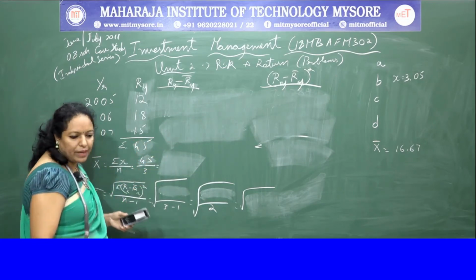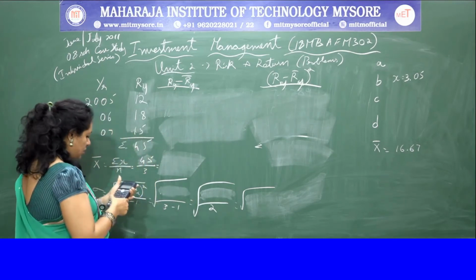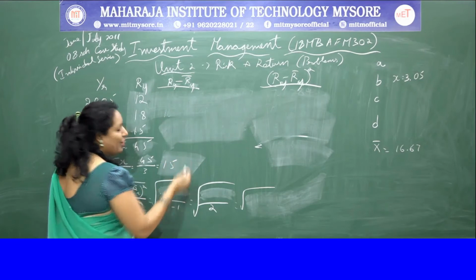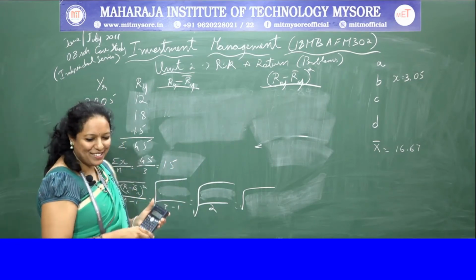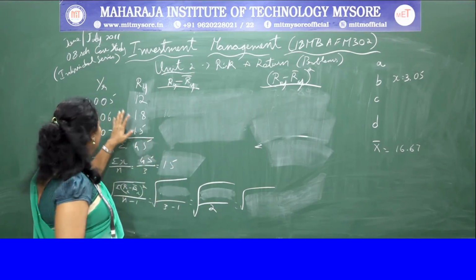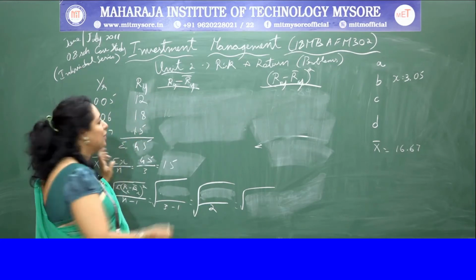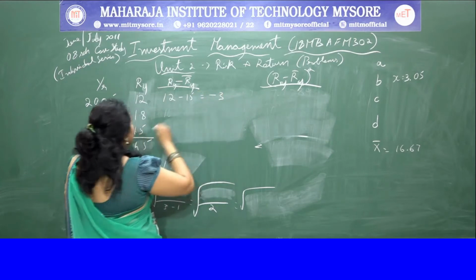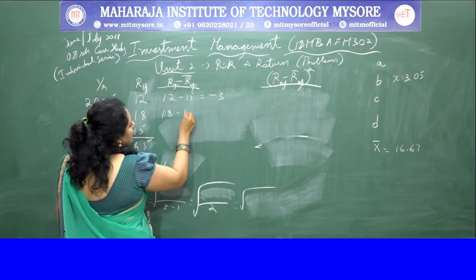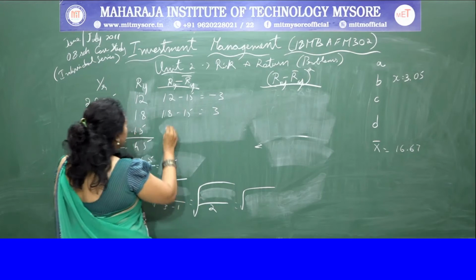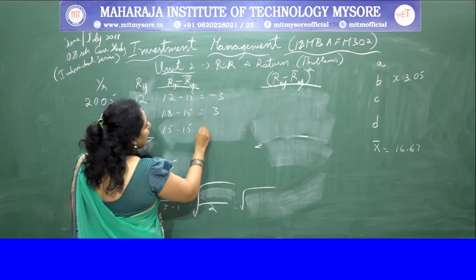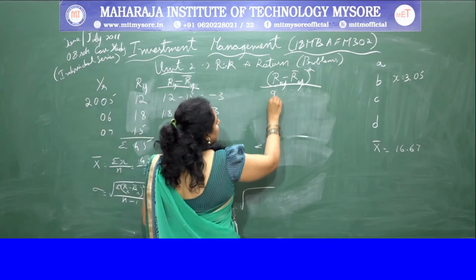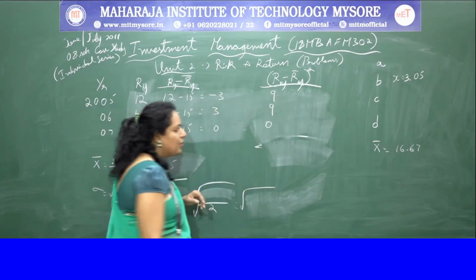So 45 by 3, you get, sorry, 15. So you get 15, and here x minus x bar we are going to do. 12 minus 15 is minus 3, 18 minus 15 is plus 3, and 15 minus 15 is 0. We'll just square it: 9, 9, 0.